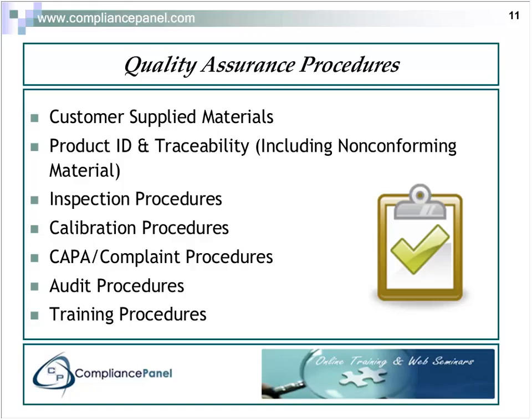Obviously, calibration procedures. If you have any kind of measurement equipment at all, it needs to be calibrated. Other areas which fall into calibration: if you have golden standards that you use for homegrown test equipment or for setting up certain fixtures, either for manufacturing or for testing, you need a method in place where they're periodically, maybe not calibrated, but verified to assure you that you're still using a golden sample.